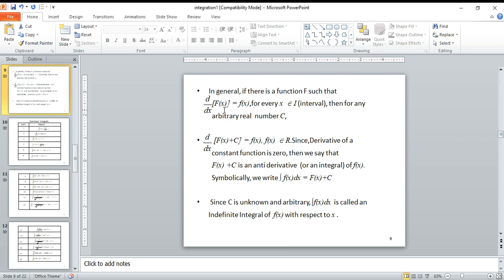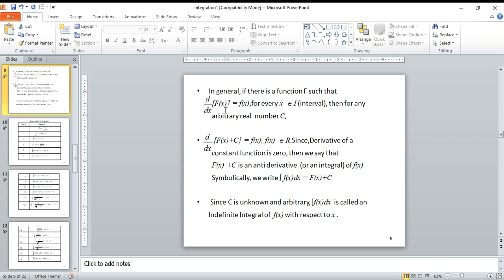Then we say that F of x plus c is an antiderivative or integral of f of x. Symbolically, we write integration f of x dx equals capital F of x plus c.